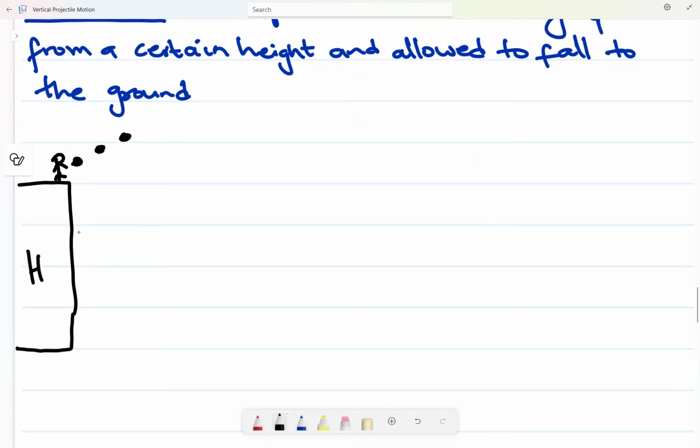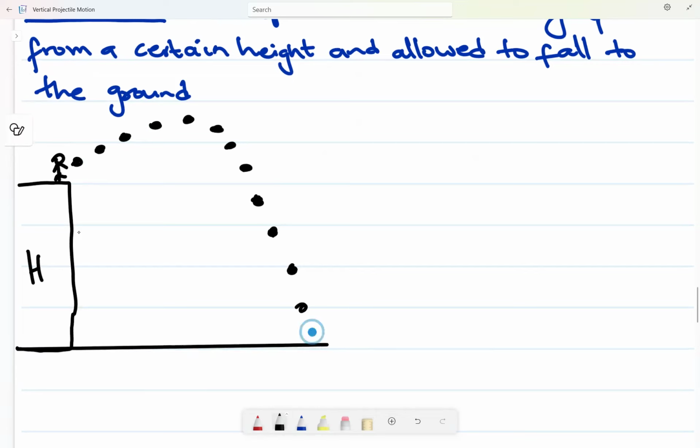Here's that ball. It goes up until it reaches this maximum point. Then it will come back. Can you see that? But now it is allowed to fall to the ground.